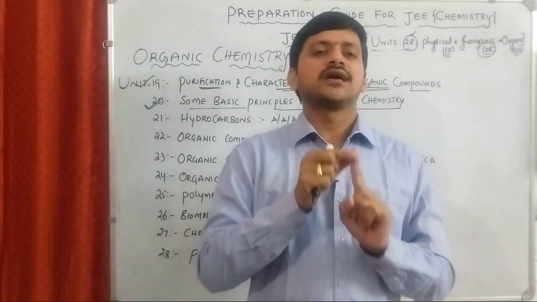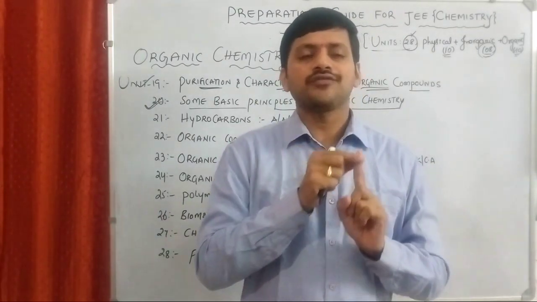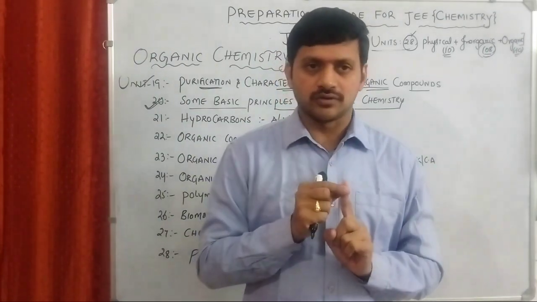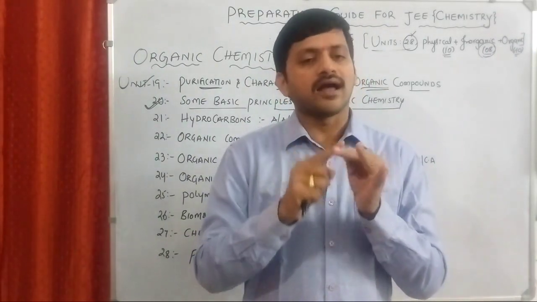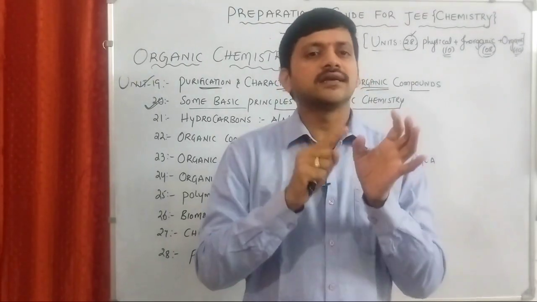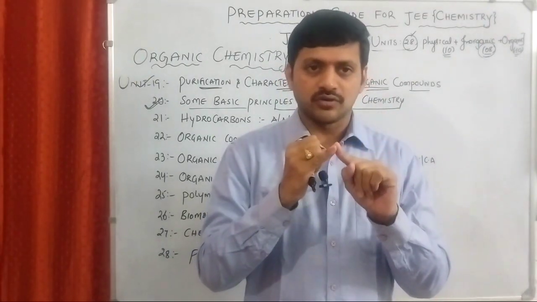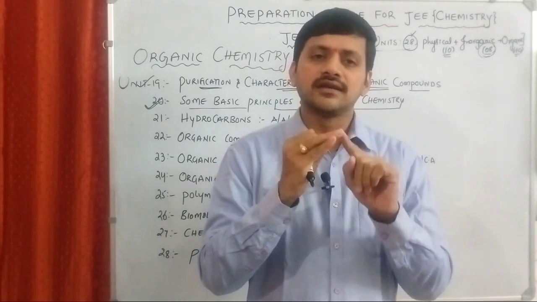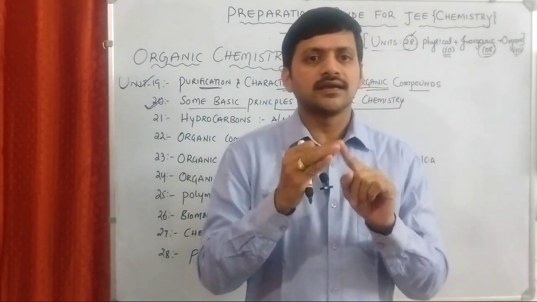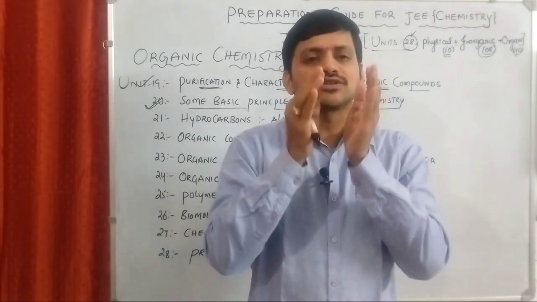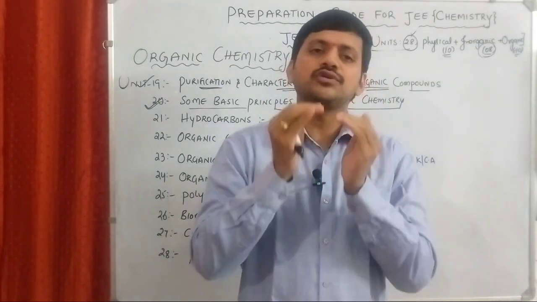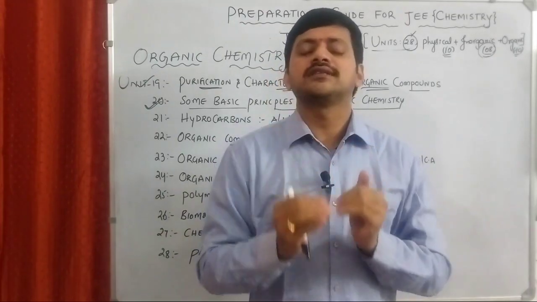The first one is IUPAC nomenclature of all kinds of organic compounds based upon the functional group: alkane, alkene, alkyne, alkyl halides, ethers, carbonyl compounds, it means aldehydes, ketones, esters, nitro compounds, nitriles. In this way, from the starting point only, you should have an idea of IUPAC nomenclature.